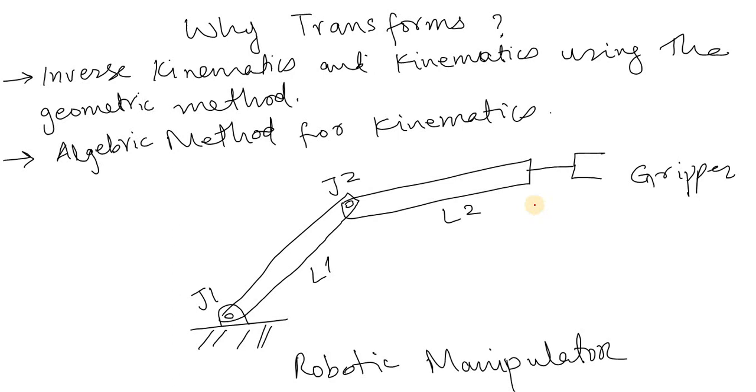To find the final position, what we are interested in is the position and orientation of this gripper. So that's why we need some kind of transformation matrices.